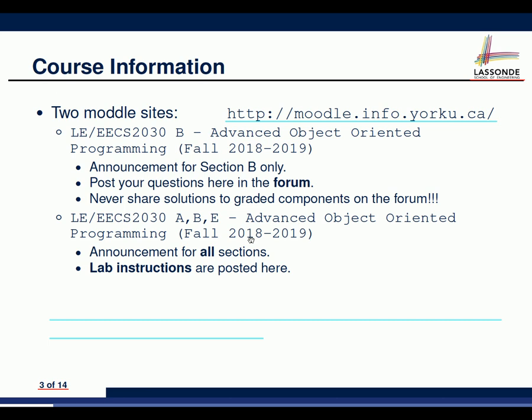For example, if you go to this merged Moodle site, you will see that lab 0 is already available. It will be due, I believe, next Friday. I'll go over lab 0 in just a moment. You must complete it in the La Salle building 1006, which is where you should go for the lab session. So these are the 2 Moodle sites.